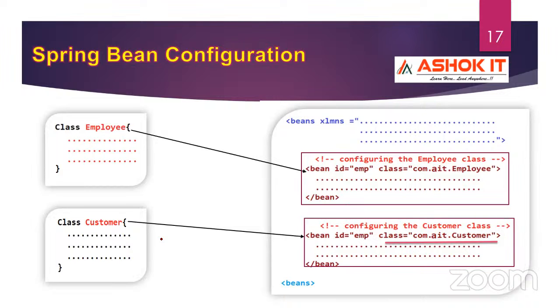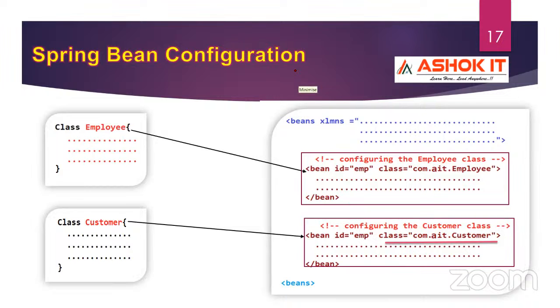There are 10 classes in the Java project. Assume that five Java classes you have represented as Spring Beans in the Spring configuration file. How many Java classes are there and how many Spring Beans are there? Five will be considered Spring Beans and five will be considered normal Java classes.